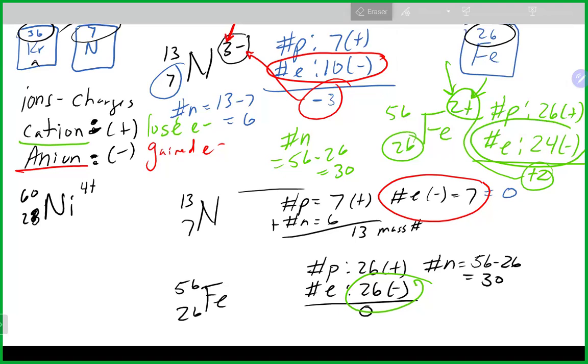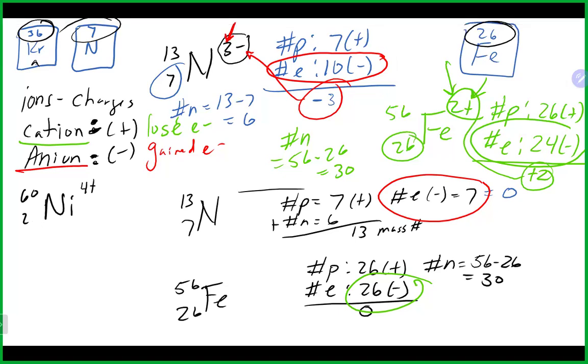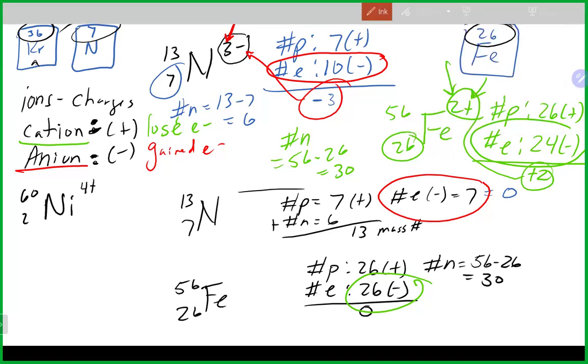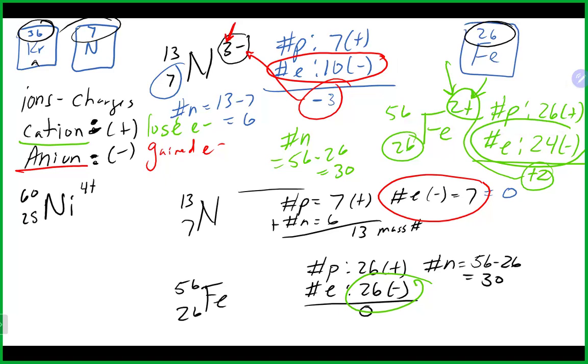And then let's also do oxygen, with the -2 charge, and let's do 8 and 16. So for each of these, how many protons, electrons, and neutrons do they each have?